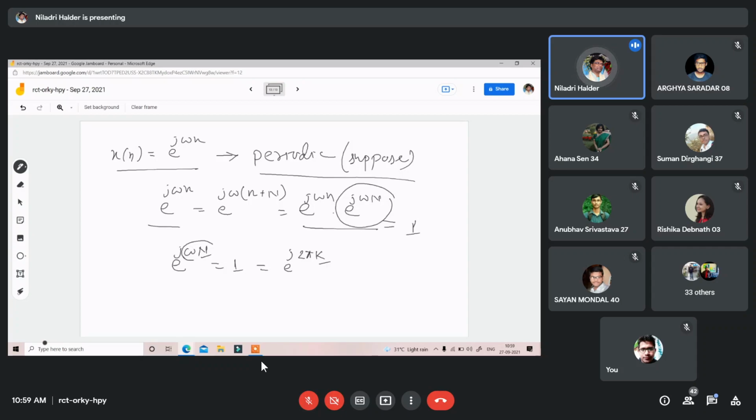So for this case, omega N will be 2 pi k. Omega N will be 2 pi k, or simply you can write omega by 2 pi equal to k by N.